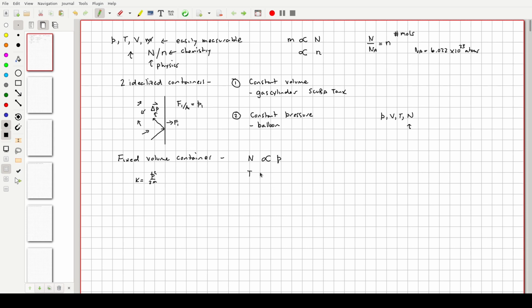So there is a relationship between temperature and pressure. What you see when you actually do the experiment is that, again, it's a linear relationship. So we have this linear relationship between changes in the number of particles on the inside and pressure, or changes in temperature and pressure. Now, next I'd like to consider a container that has a constant pressure.